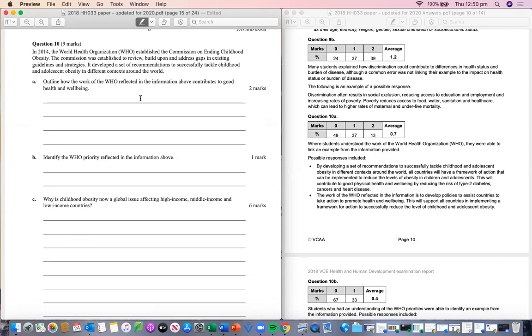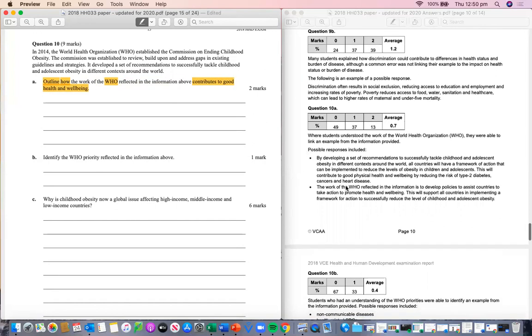So question 10A looks at outlining how the work of the WHO, reflected in the information above, contributes to good health and well-being. So you're going to look at good health and well-being.